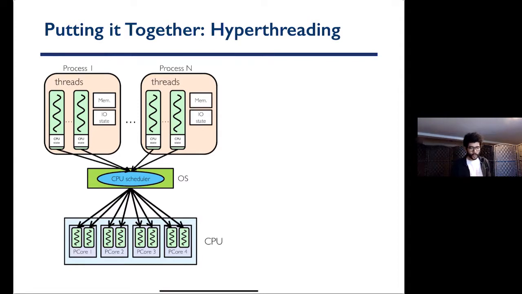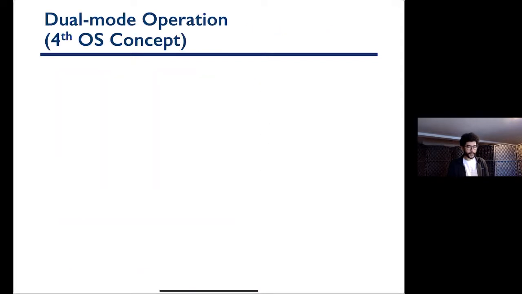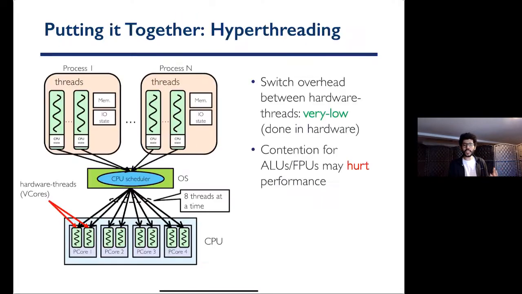So let's now take that a step further, now that we have the introduction. In this last one, not only do I have multiple threads, not only do I have multiple CPUs, but I also have these virtual CPUs. So I'm not exactly doubling, but I'm providing more resources to be able to run 2 threads at a time. Now, if you look at this model, switching overhead is really low. If you talk about the two threads that are running in the hardware, the switching overhead is almost zero because it's done by the hardware.